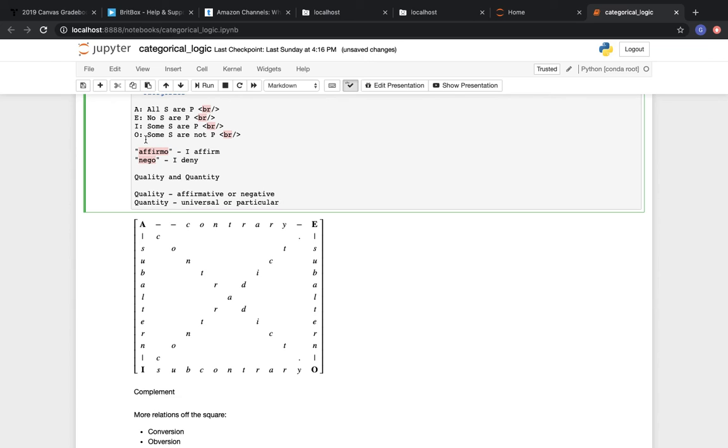Whereas the I and the O claims, by contrast, are merely making claims about some S's, right? They're not making any sort of universal claim. They're making a particular claim.